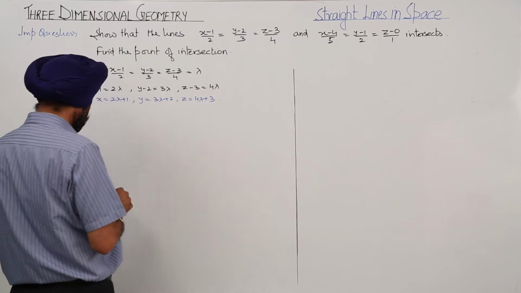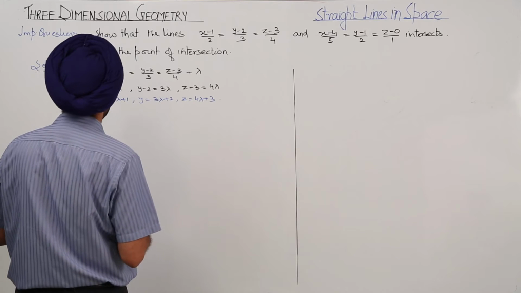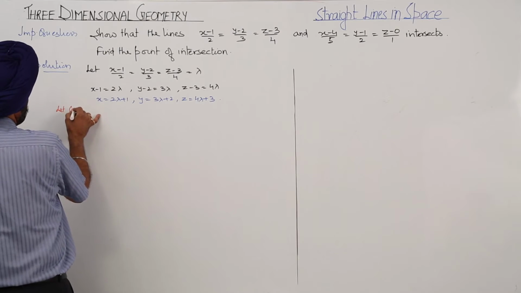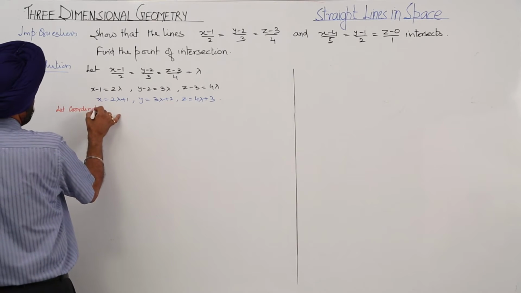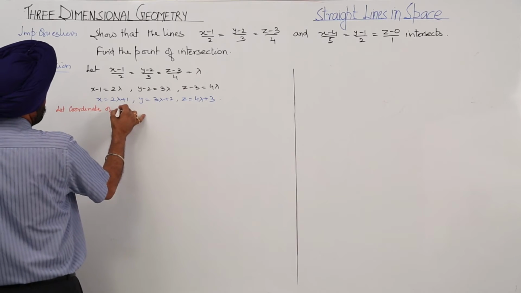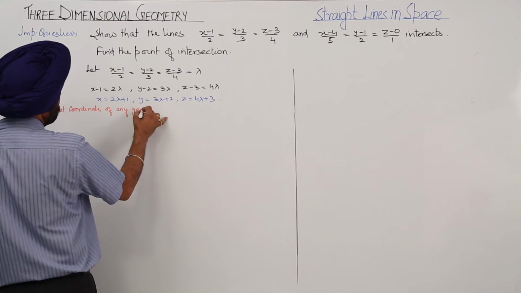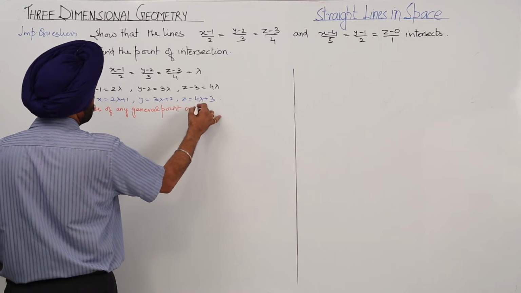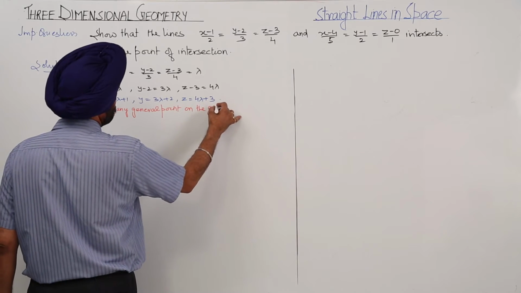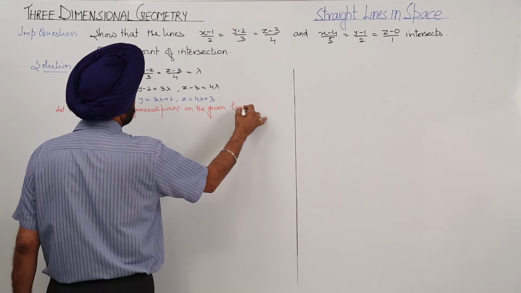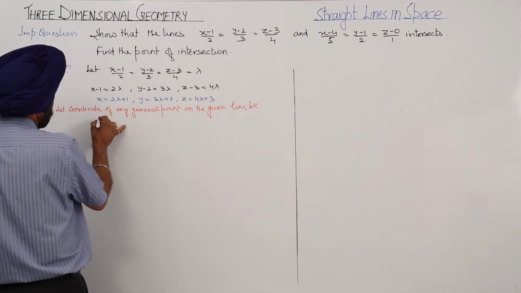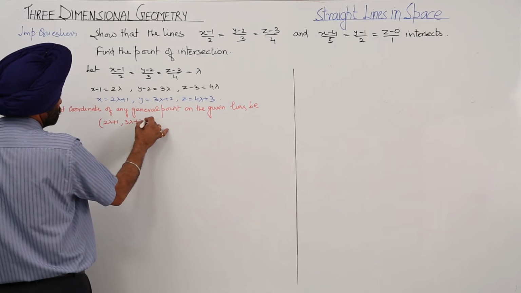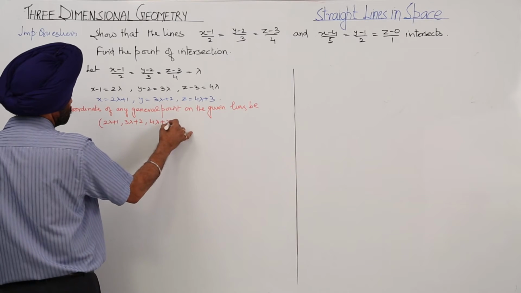Now let the coordinates of any general point on the given line be (2 lambda plus 1, 3 lambda plus 2, 4 lambda plus 3).